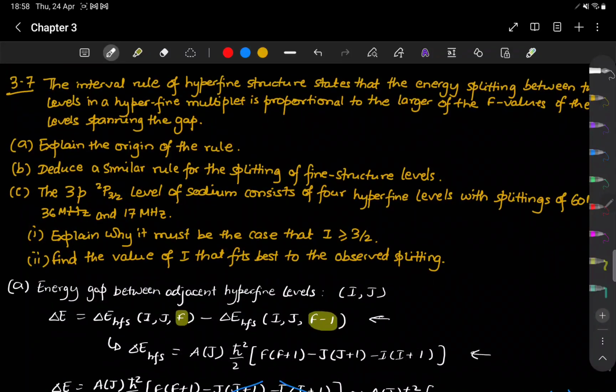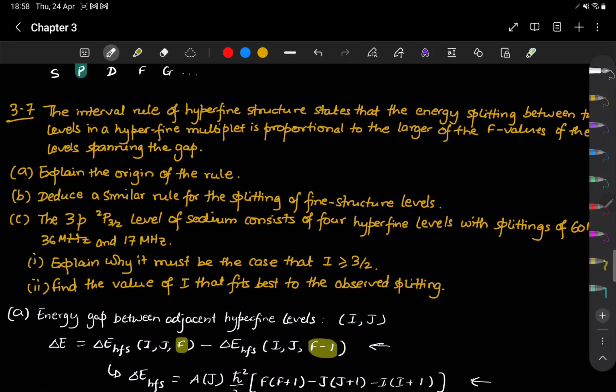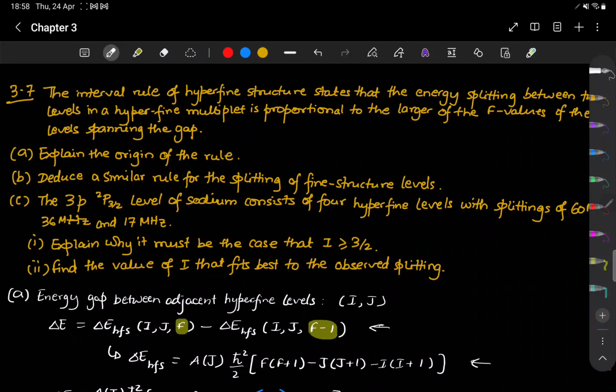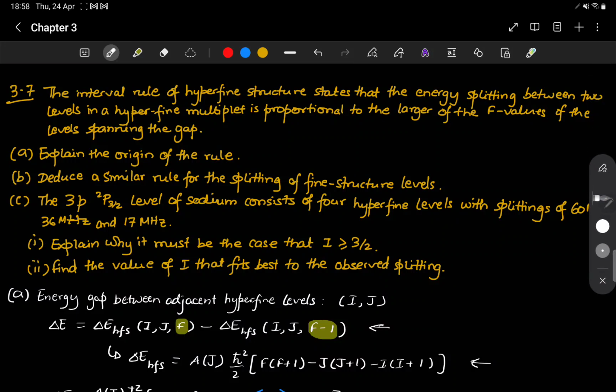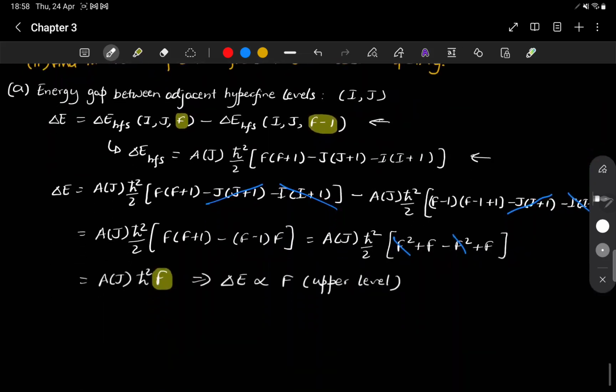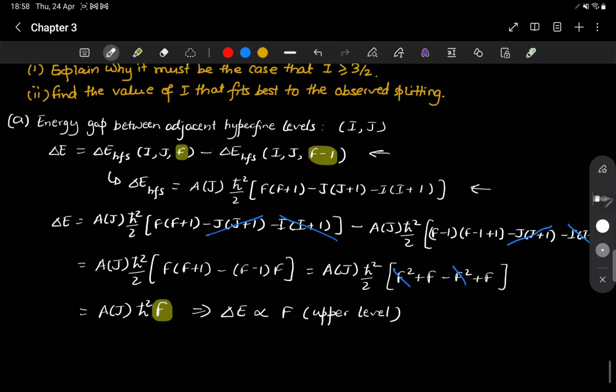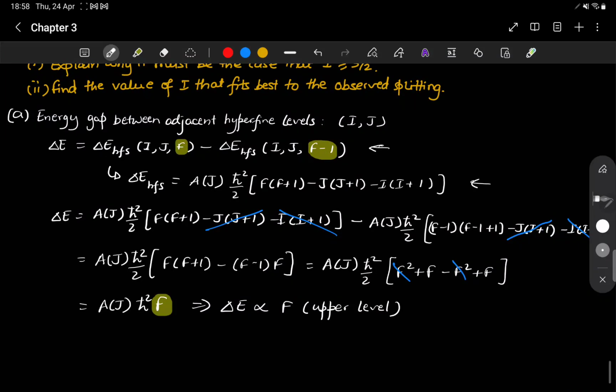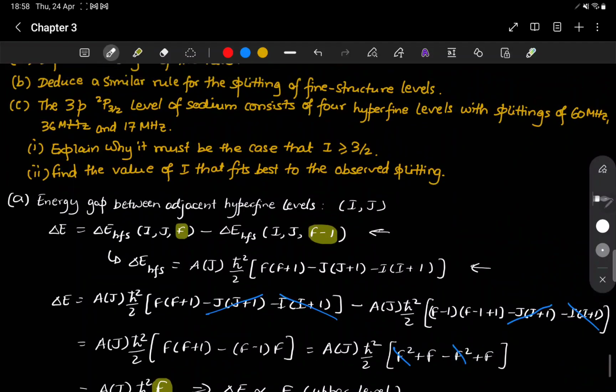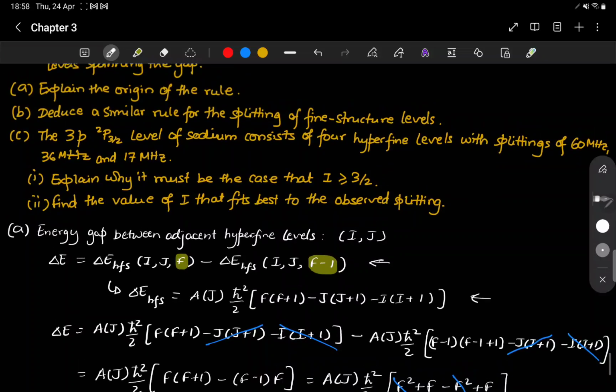So we have shown part A: the interval rule of hyperfine structure states that the energy splitting between two levels in a hyperfine multiplet is proportional to the larger of the F values of the levels spanning the gap. So here we have F and not F minus 1. So it is proportional to the larger F value which we had taken, which was F in this case. So that was part A.